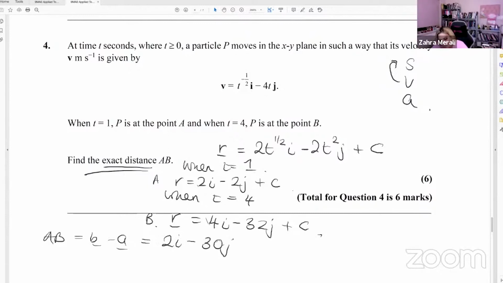But we want distance, not displacement. So we've got to find the magnitude of AB, square root it, and you get 30 squared plus 2 squared, square root answer gives us 30.06 meters.